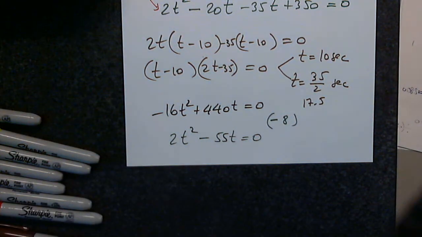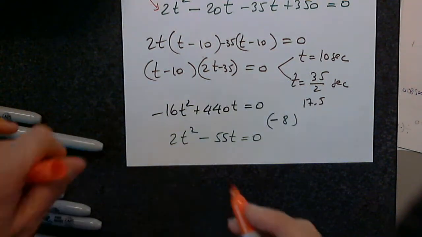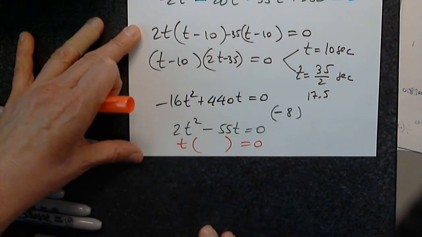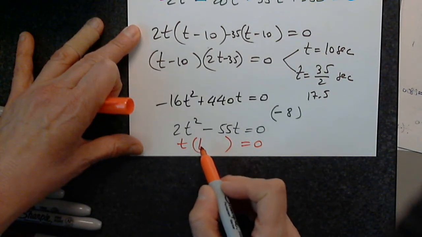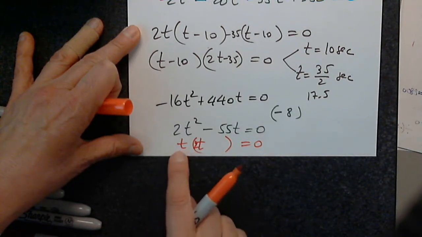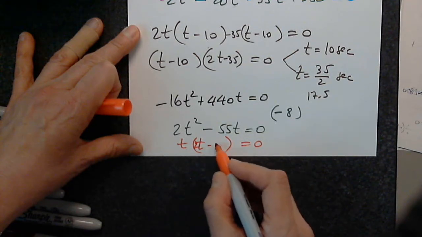Good. It's a binomial. What do I have to do now? I notice that these two terms have, very good, a common factor. What is left in parentheses? 2t, because t times t squared is not going to t squared. And minus 55.